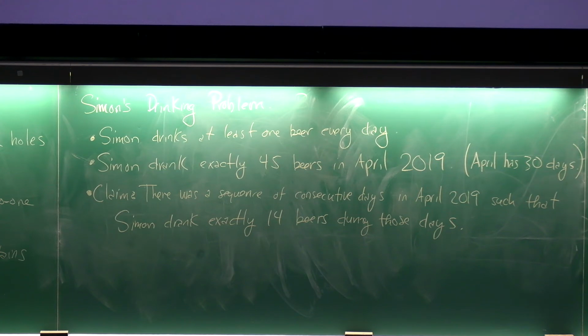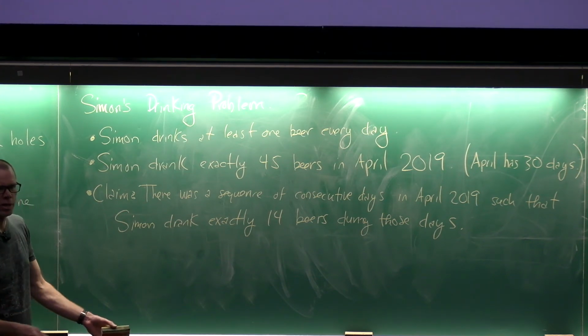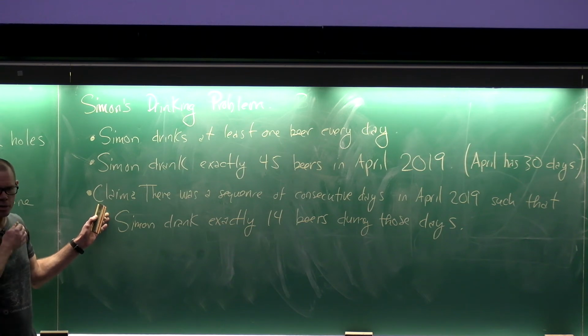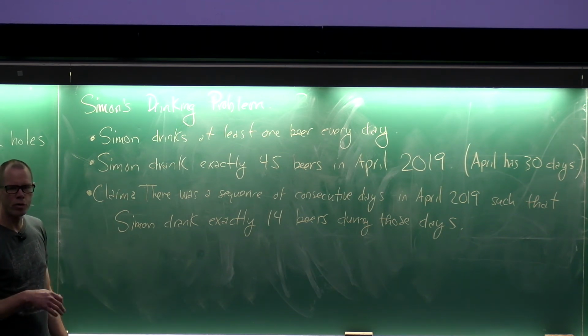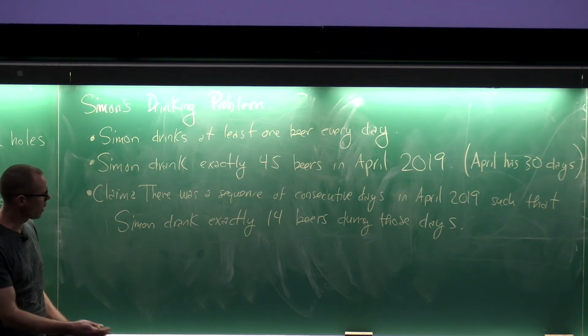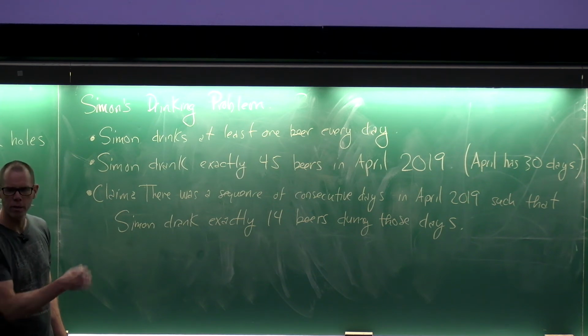Now that seems like a crazy conclusion, and not at all obvious, right? Yeah, if Simon drank 1 beer every day for a while, then after 14 days, he would have drunk 14 beers, and there's a sequence of consecutive days where he drank 14 beers. That's easy. But what if Simon drank 1 beer every day for the first 13 days, and on the 14th day he drank 2? Then I haven't seen a consecutive sequence of days in which he drank exactly 14, right? He went straight from 13 to 15.